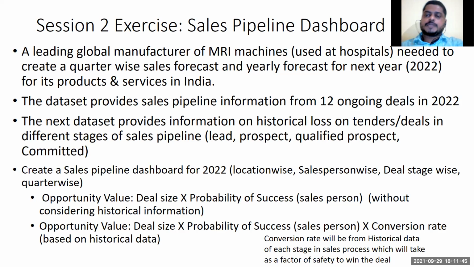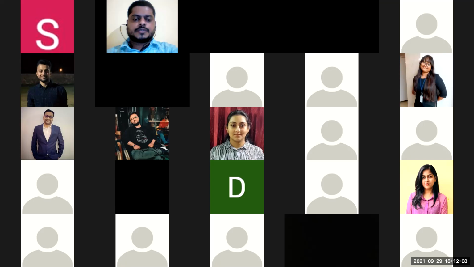They take both: the probability of success given by the salespeople, multiplied with the historical probability. That will be much more conservative, because you are multiplying two probabilities, right? But we'll start with the simplest one. Let me first open the Excel file.